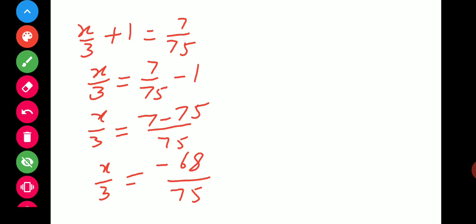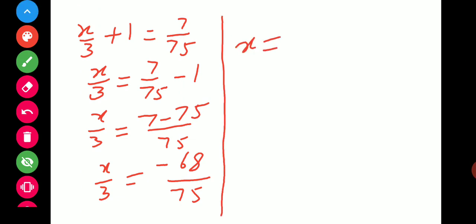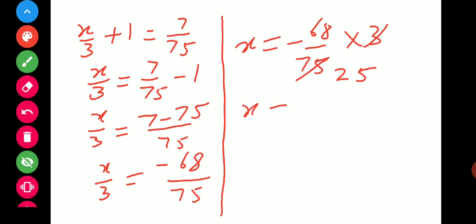Now x is equal to minus 68 upon 75. 3 will come in multiplication. So 3 1s are 3 and 3 2s are 6 and 3 5s are 15. So x is equal to minus 68 upon 25, and that is the answer.